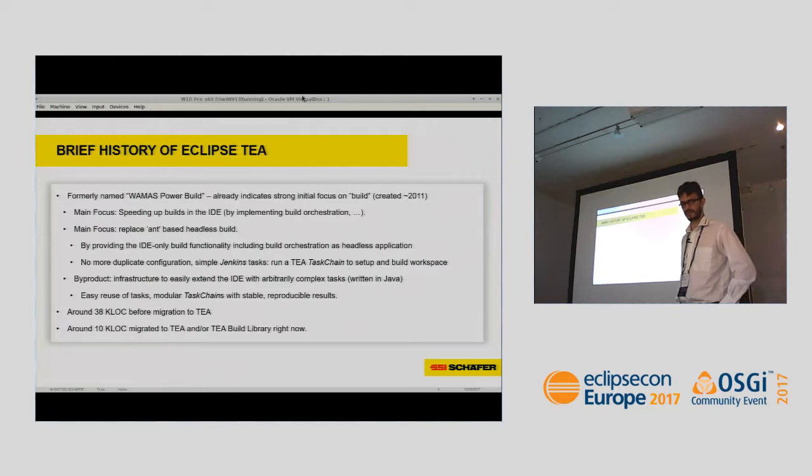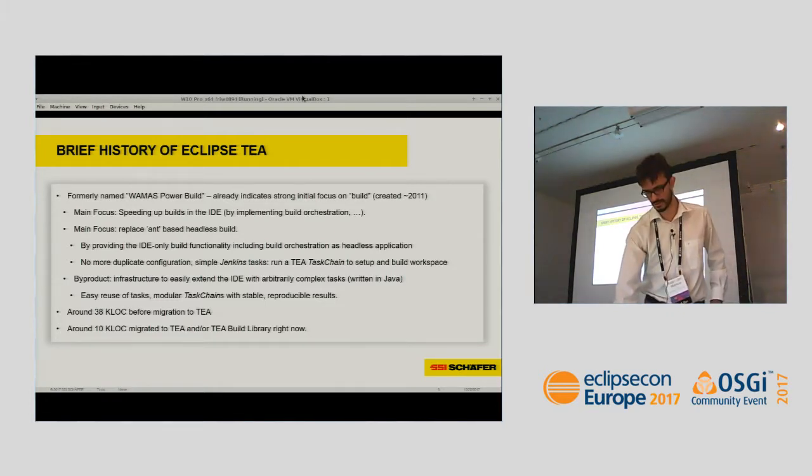Vamos Power Build itself was around 38,000 lines of code before we started, pure lines of code without comments, before we started to split that out into the open source project. And roughly 10,000 of these lines have landed in the open source project right now. So that's actually quite an achievement for one year.